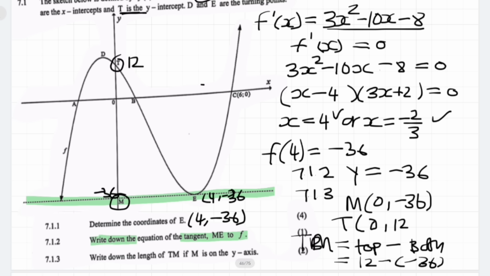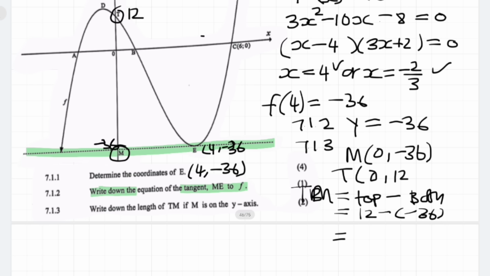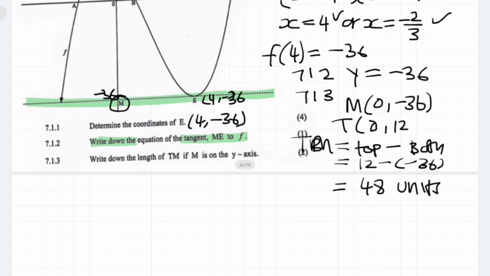Let me just punch this in. It is going to give us 48. I'm sorry guys, I don't know why these things always make it like, oh, it's going to be a unit, because this is just a distance, you know. Yeah, the distance is going to be 48. Perfect. Now let's move on to the next question.